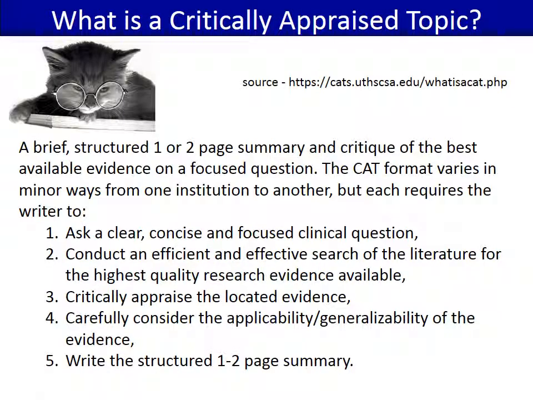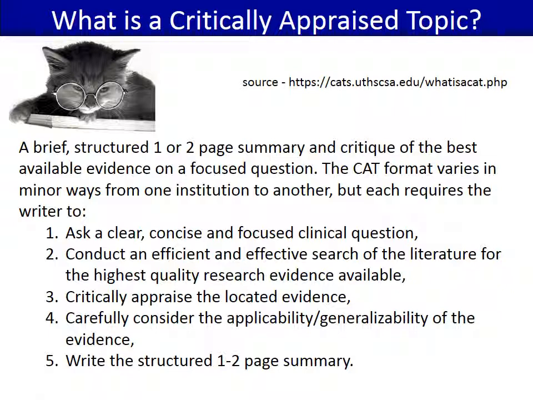There's another type of evidence that is not as highly ranked as systematic reviews. This is called a critically appraised topic, fondly known as a CAT. This is a structured 1 or 2 page summary and evaluation of the best available evidence on a focused question.